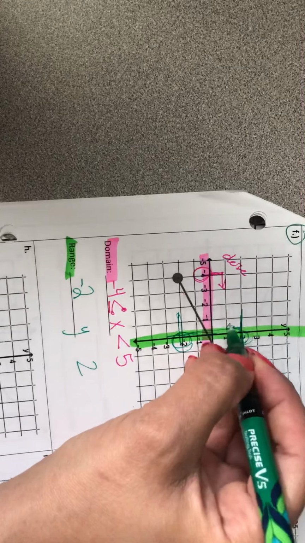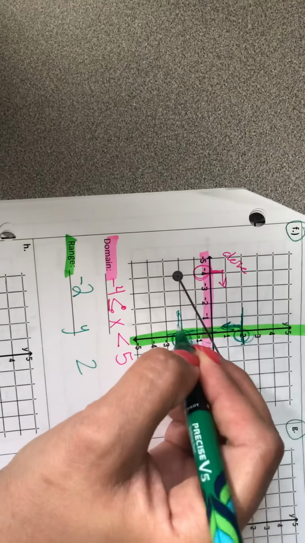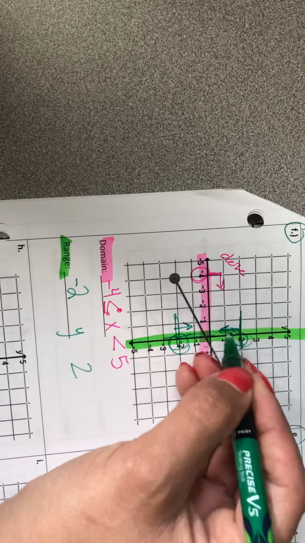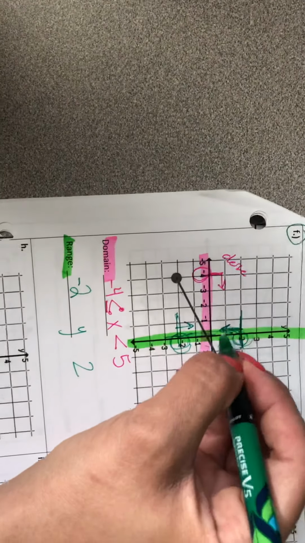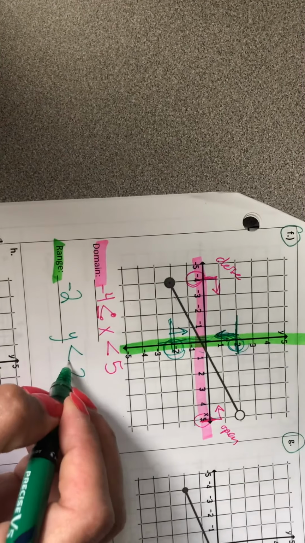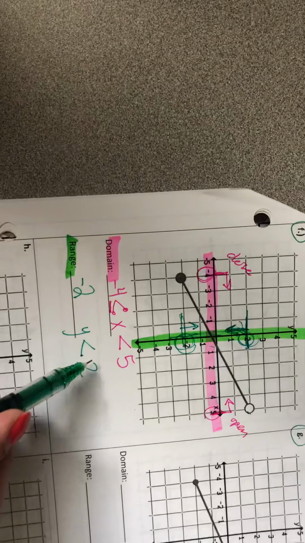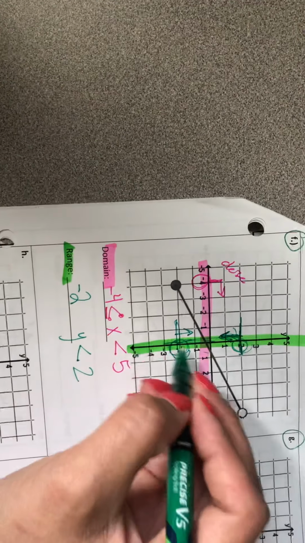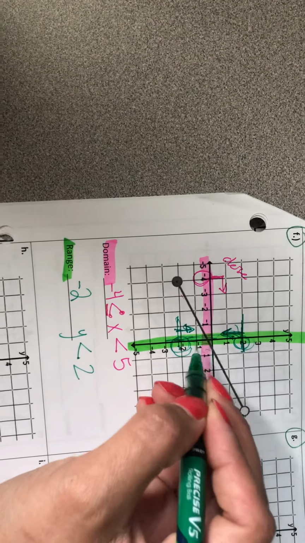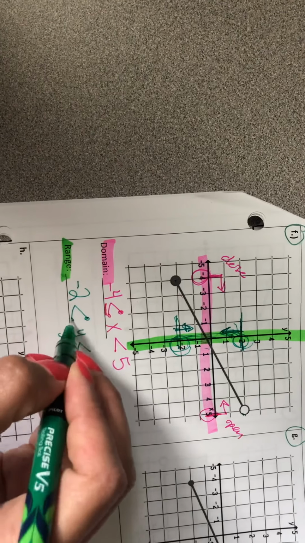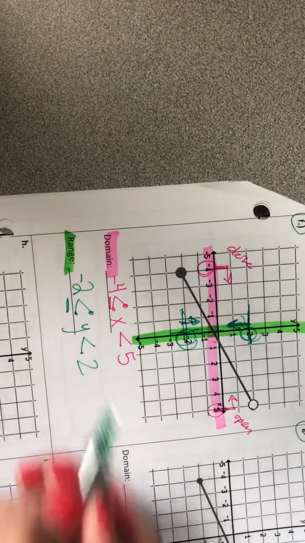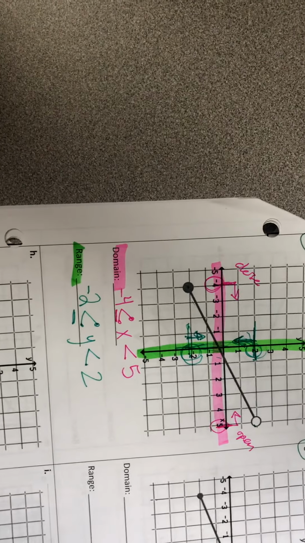From the 2, it goes less, and from the -2, it goes more because it goes up. From the positive 2, it goes down, so it'll be less than, and that's my open circle, so I leave it. From the -2, it goes greater than because it goes up, and this one has a closed circle, so or equal to.